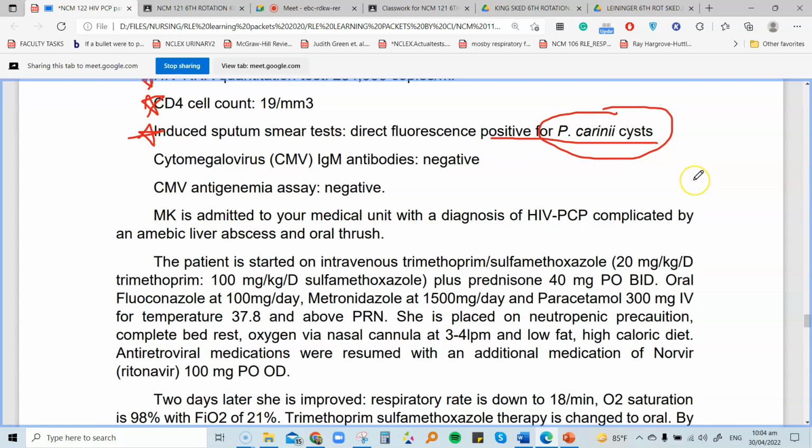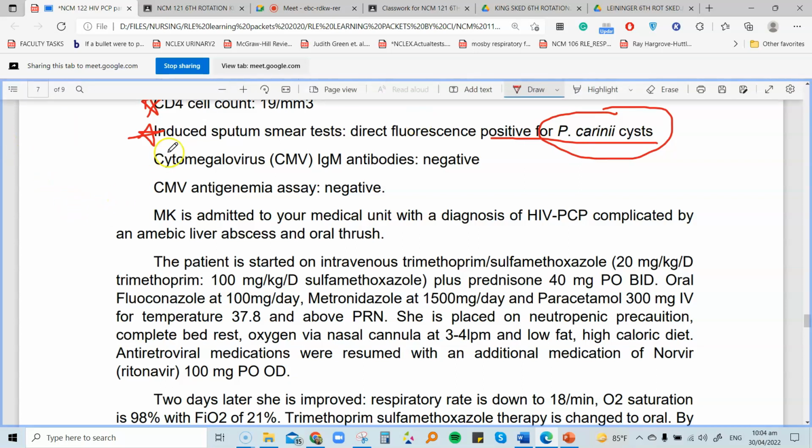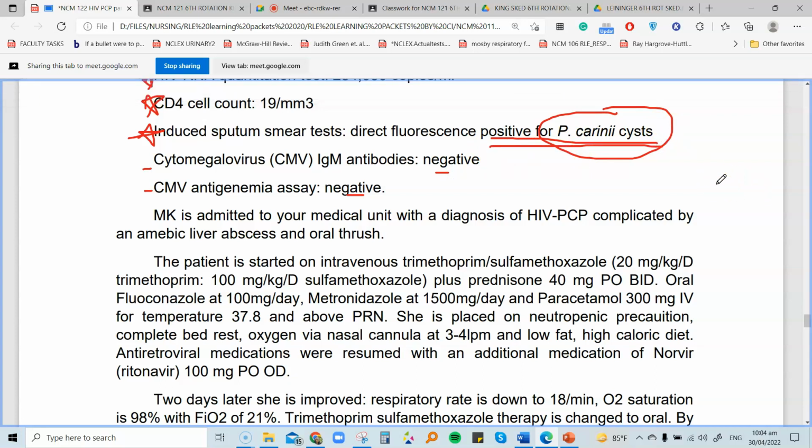It's just that there's been a change in the nomenclature by scientists and practitioners. Next, there's no presence of cytomegalovirus antibodies, because cytomegalovirus is also another causative agent related to opportunistic infection. And there's also no result for your CMV antigenemia assay. So, negative po siya. That's not our problem. Our problem is this one. Positive for P. carinii or PJP.